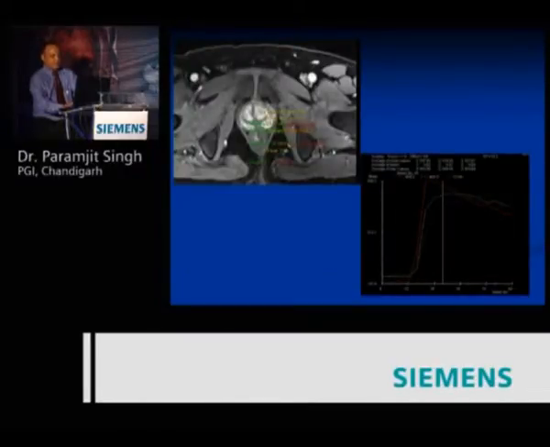Now, if we interrogate these voxels of cancer that we have just shown, you find that the upslope is very steep in the cancerous area with a washout, while the central zone here shows an intermediate kind of pattern, and the opposite peripheral zone, which was normal, shows a gradual plateauing and upslope.